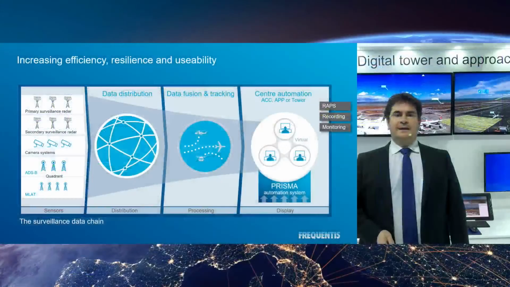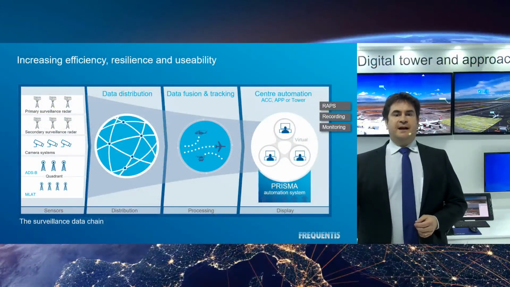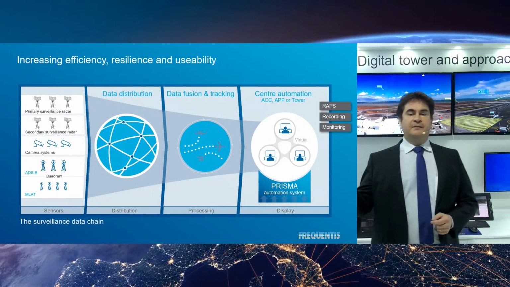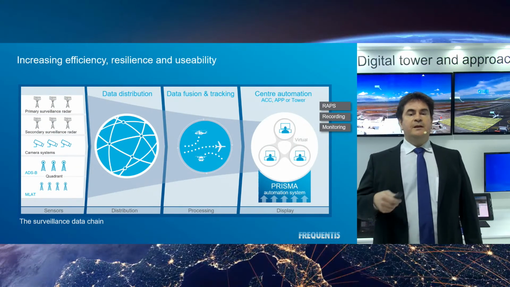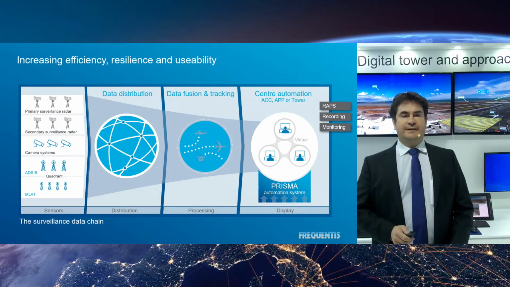My name is Stefan Jacki and I will talk about the surveillance data chain and approach control. The surveillance data chain starts from surveillance sensors over the whole chain to the display and presentation of the data.